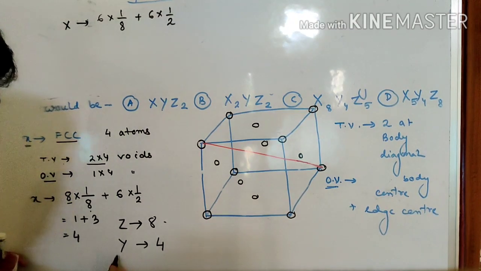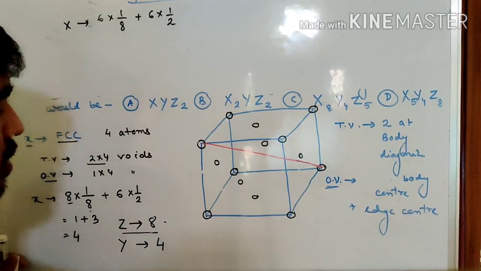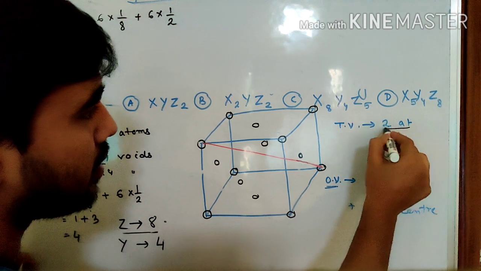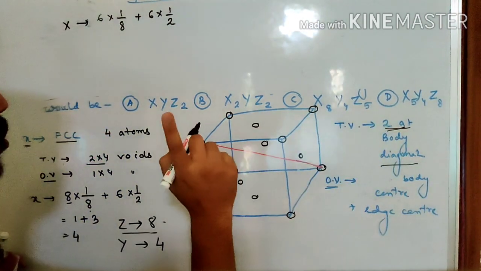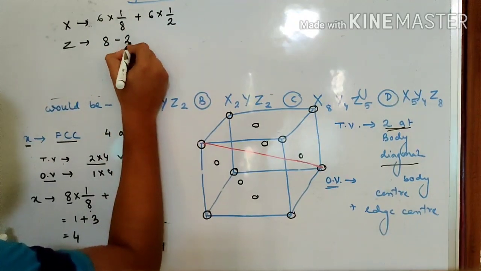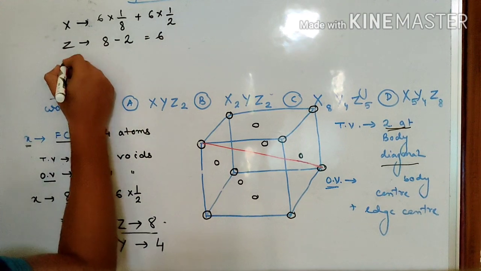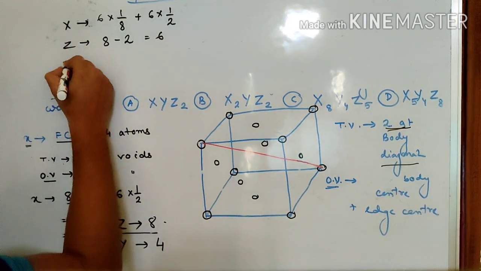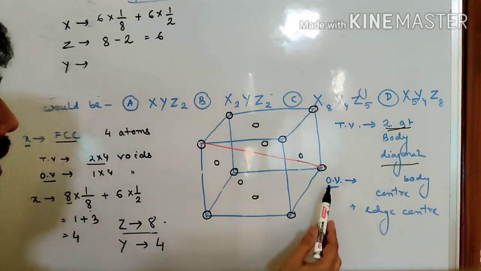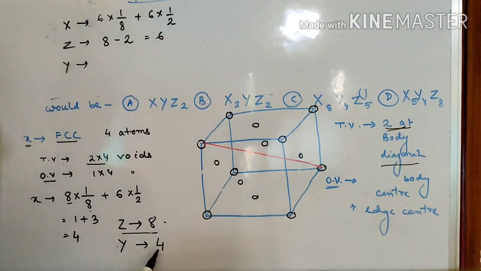How many Z atoms will be removed? Remember, Z atoms are present at the tetrahedral voids, and there are 2 tetrahedral voids at the body diagonal. So 2 Z atoms will be removed. Earlier it was 8, now it will be 8 minus 2, which is 6. And what about Y? Y is present in the octahedral voids, so there are 4 atoms.